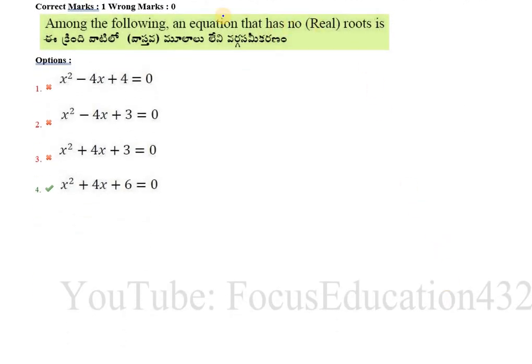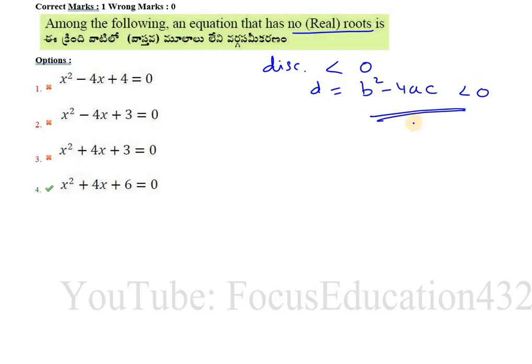Among the following, an equation that has no real roots. No real roots means discriminant will be less than 0. This we should know. Discriminant less than 0 means no real roots. What is discriminant? Discriminant D is equal to b square minus 4ac. If it is less than 0, then that equation will have no real roots.